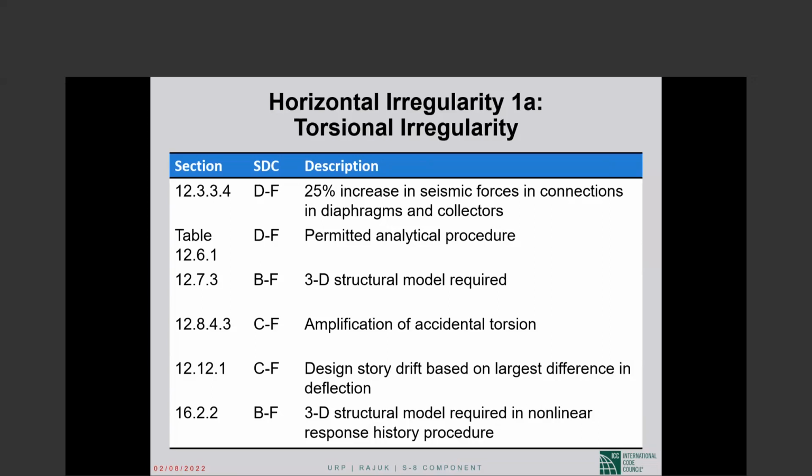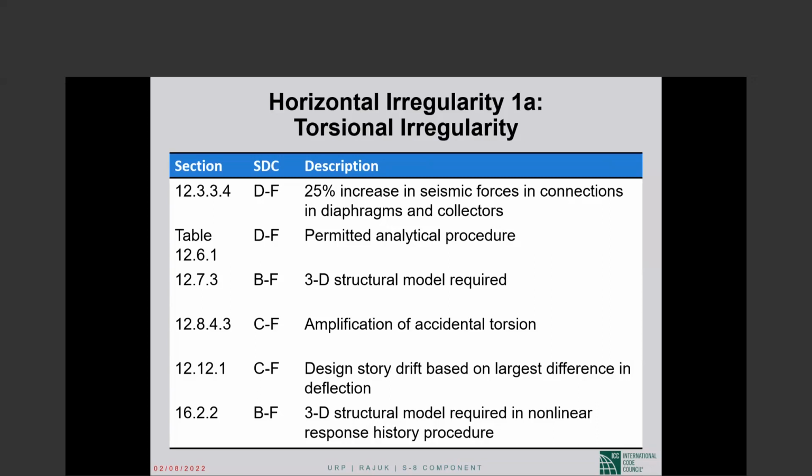Okay, so this says 25% increase in seismic forces in connections in diaphragms and collectors. Okay, there is somewhere else where you will get more elaboration on that. I don't remember now. It is all mixed up. I have 7 or 8 seismic segments I was preparing.